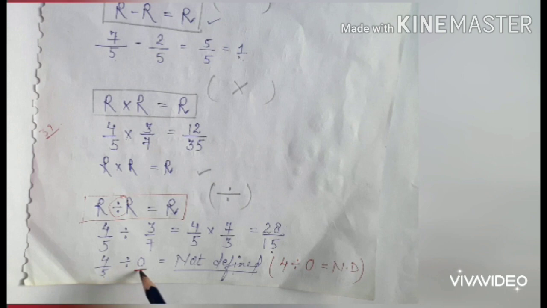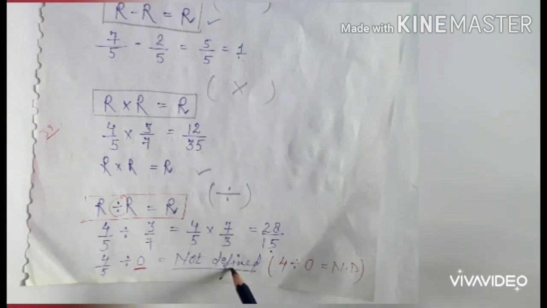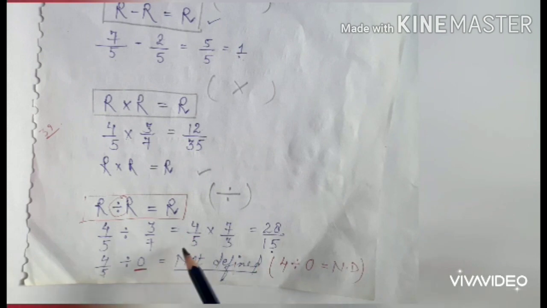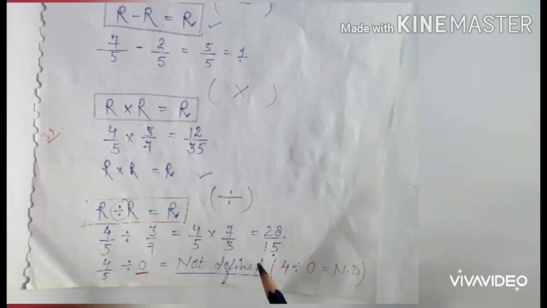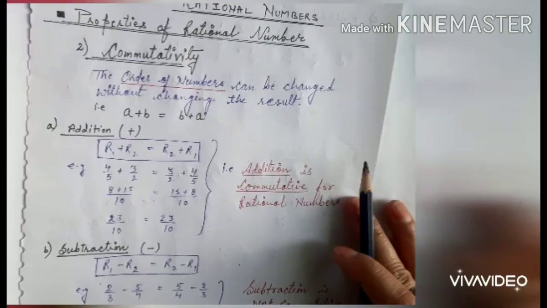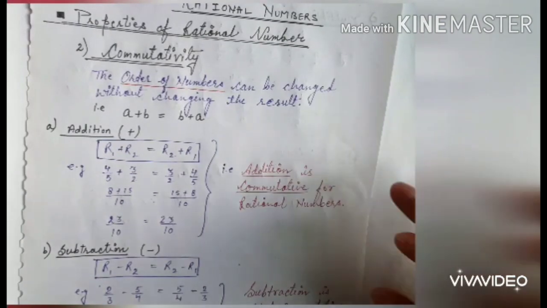When we divide 0 by 0, we get the value not defined, which means it is not a rational number. So we can say that rational numbers are closed under the operations addition, subtraction and multiplication. The first property we have studied is the closure property.